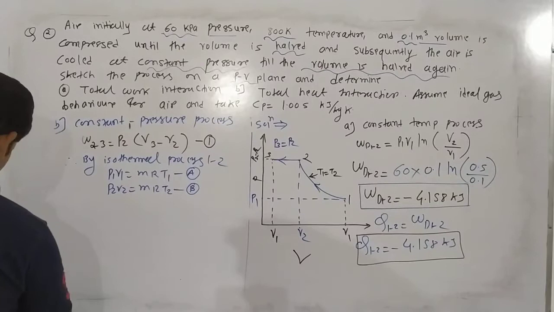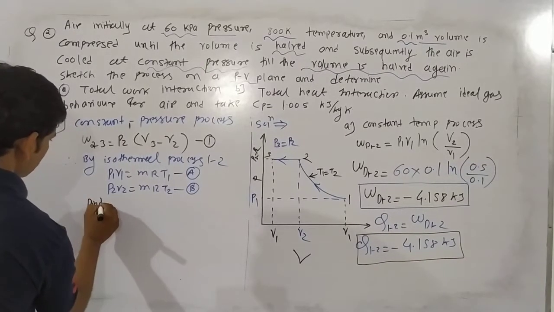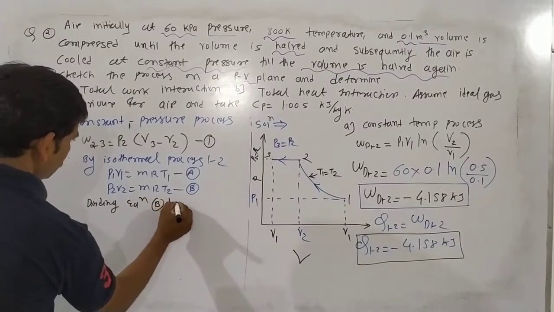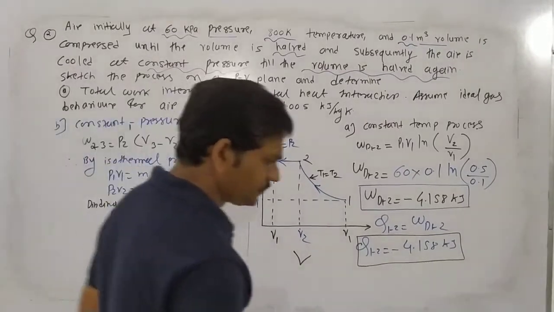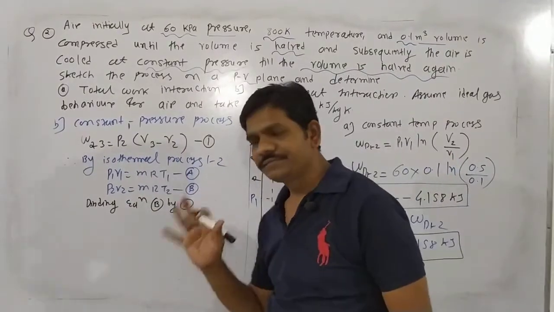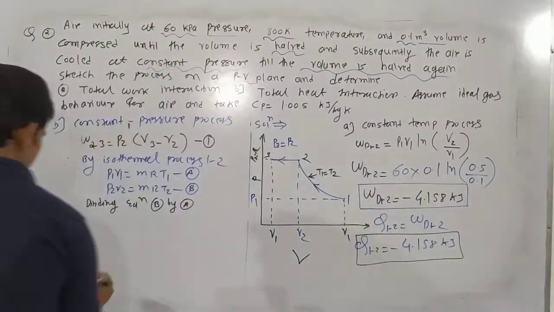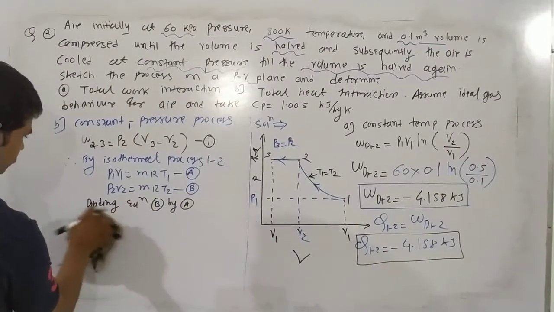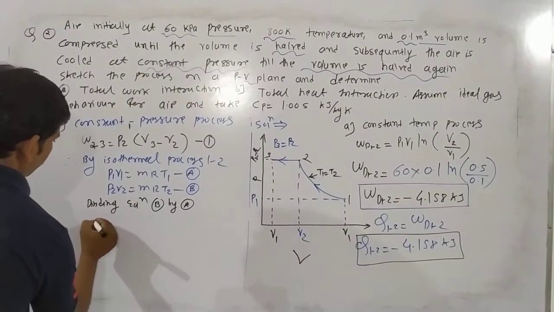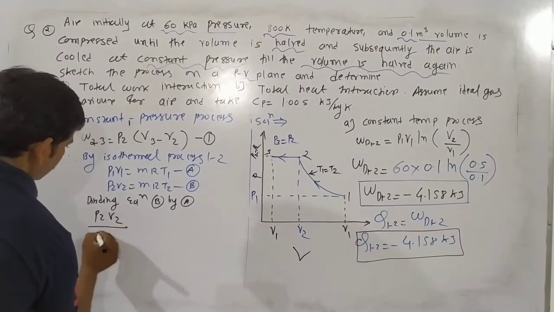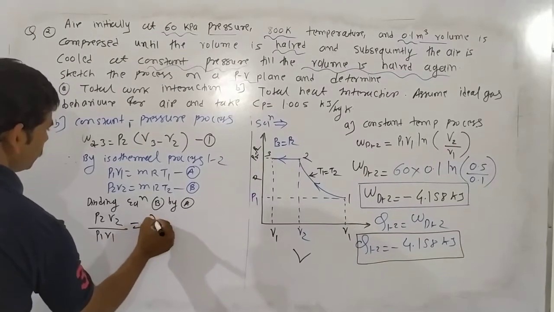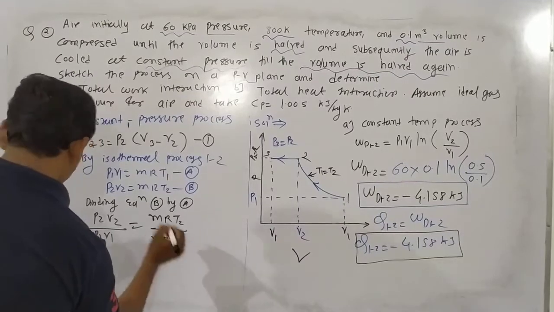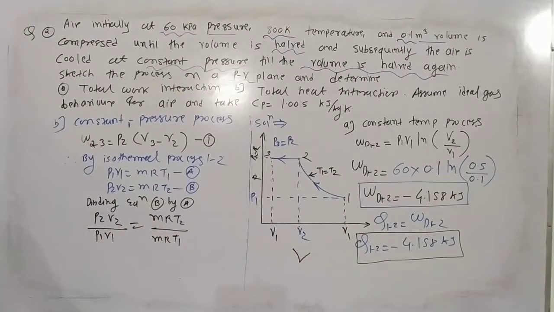So dividing equation B by A, we divide these two equations. P2 V2 upon P1 V1 is equal to m R T2 upon m R T1, guys, in this way. Yes or no?